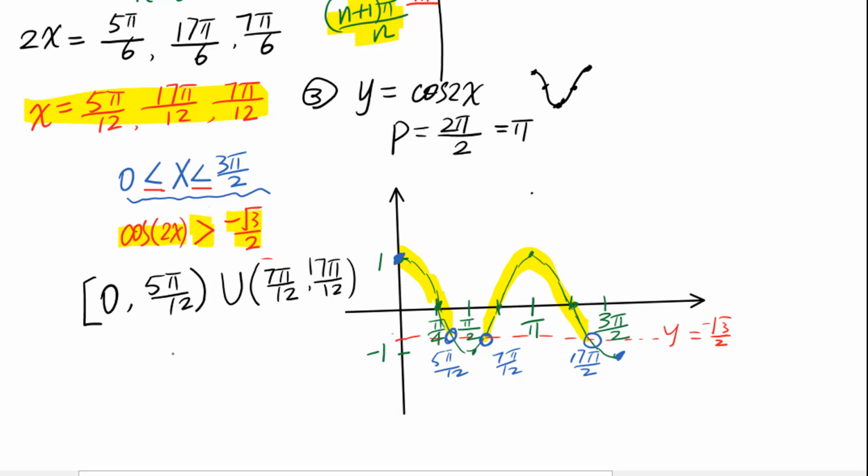Or you can write the inequality: x greater than or equal to 0, less than 5 pi over 12, or x greater than 7 pi over 12, less than 17 pi over 12.